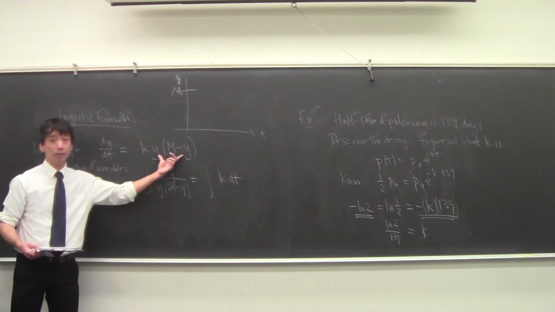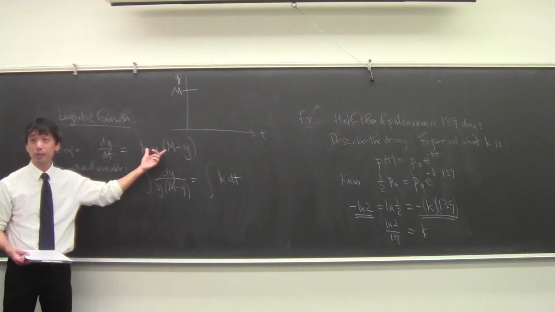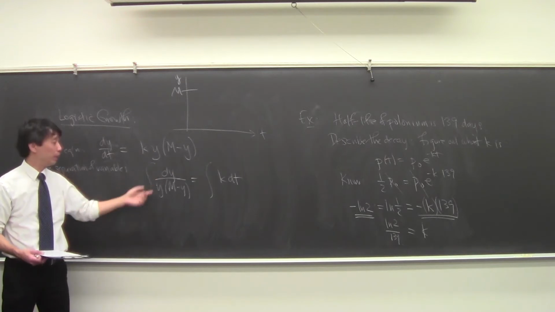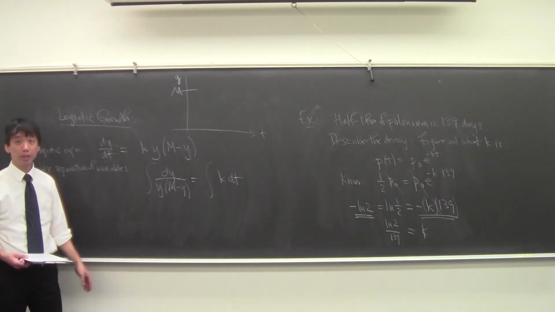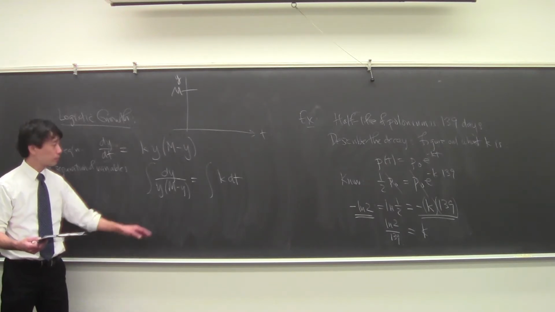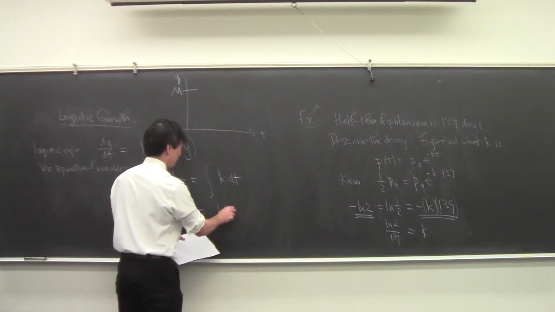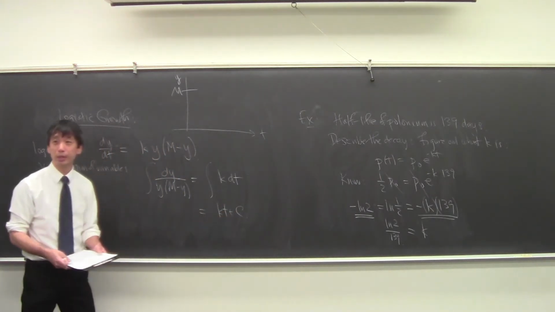Okay. So move everything involving the y's to the left-hand side, right? Move the t's to the other side, do separation of variables, and then you take the antiderivatives. Okay. Well, on the right-hand side, you get kt plus c, of course.